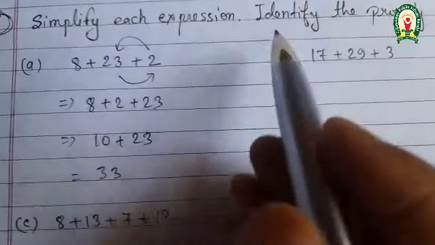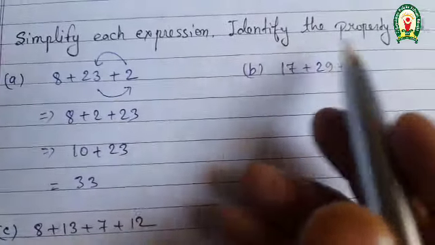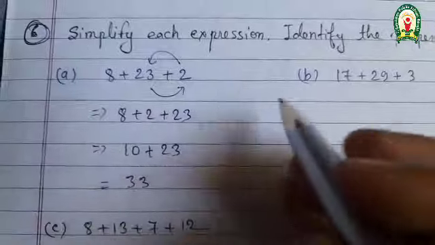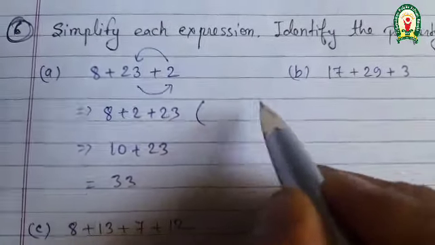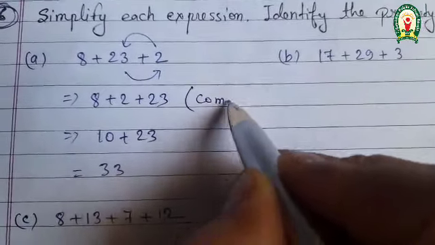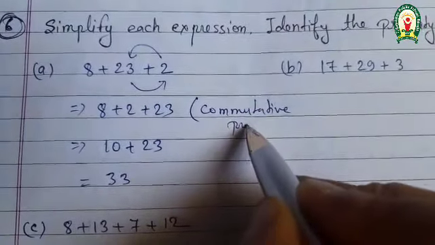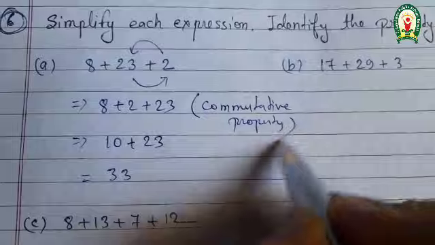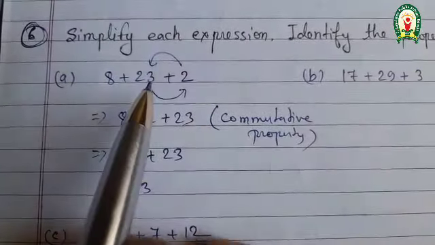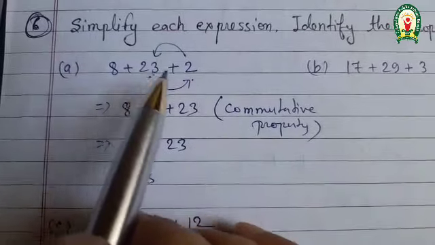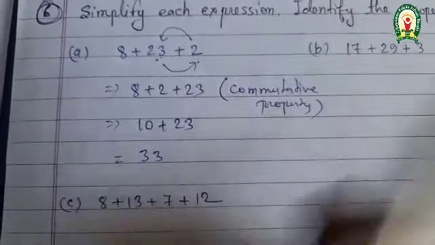Here we are changing the order, so we use the commutative property, because of which we can change the place.